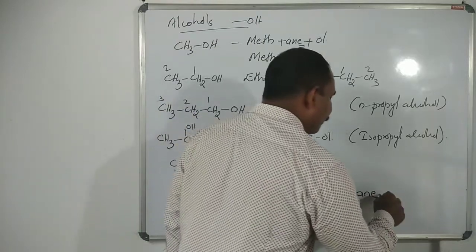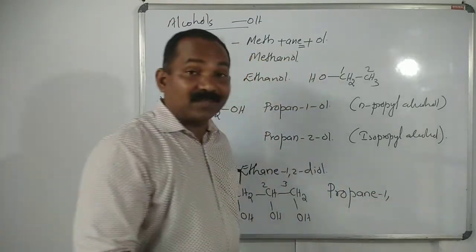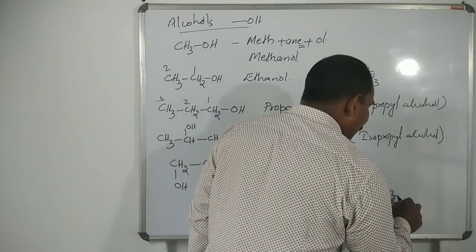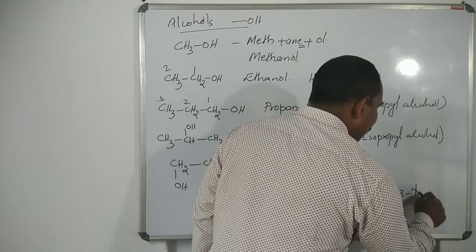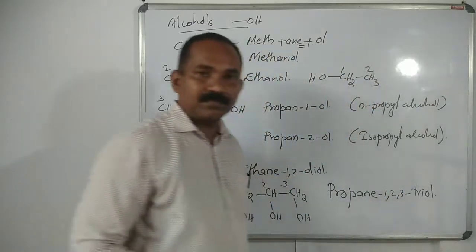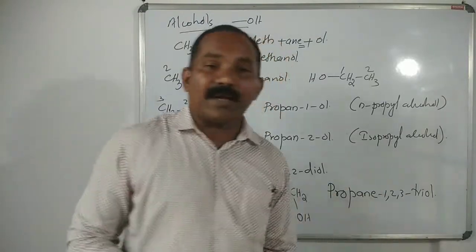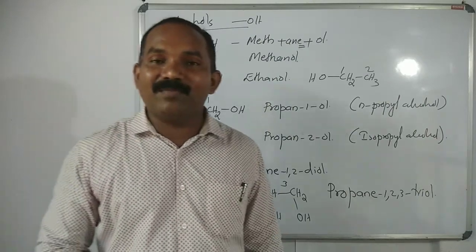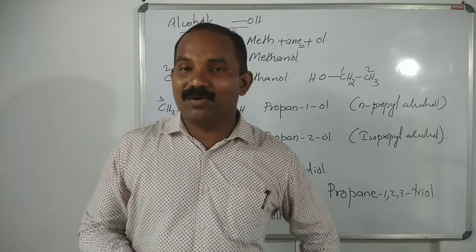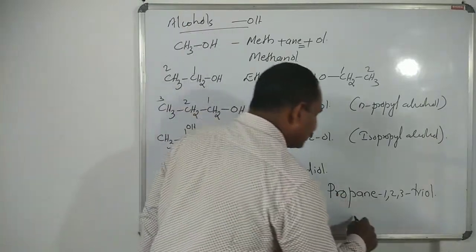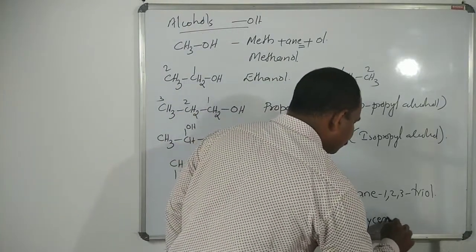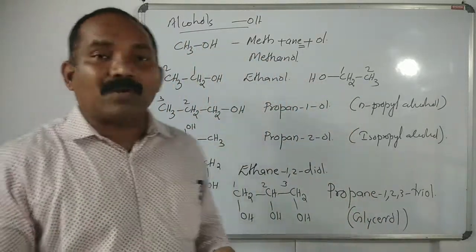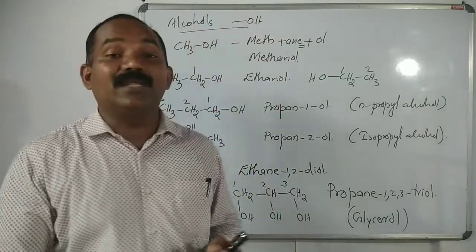Then the number of functional groups is 3, so triol, starting with a t. Mention the positions 1, 2, 3, triol. Propane-1,2,3-triol. That's the IUPAC name. What is its common name? I think you heard about glycerol or glycerin. The common name of propane-1,2,3-triol is glycerol.